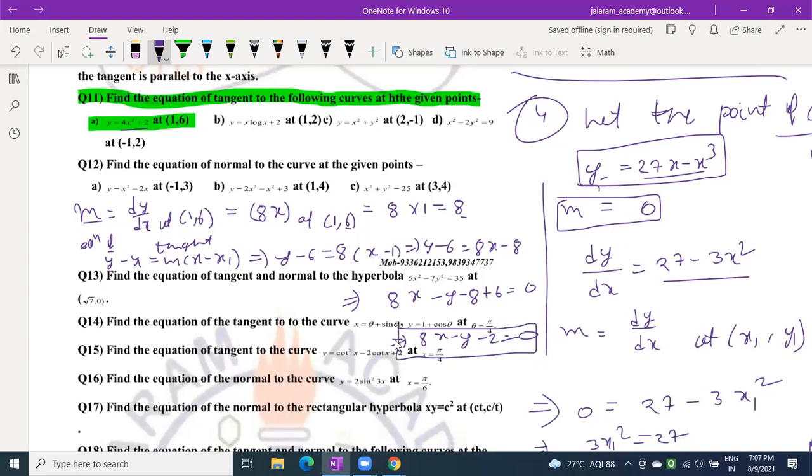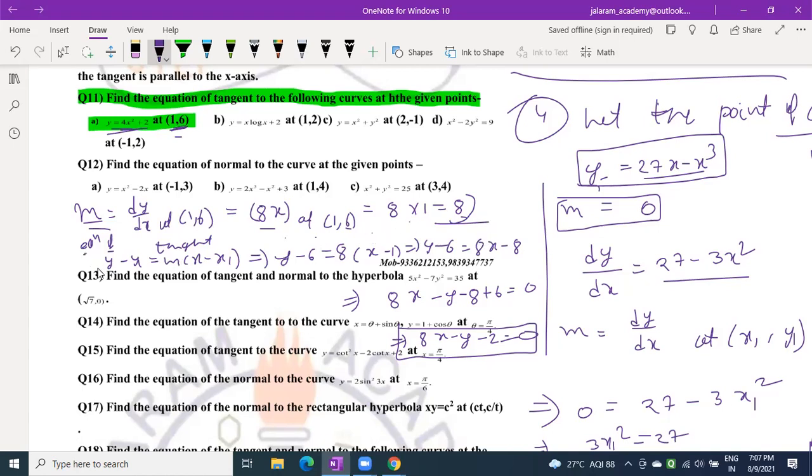Hope you all must have understood how to find the equation of the tangent to the curve at the given point. First we find the differentiation and then find the value of that differentiation at (1, 6). That will be the slope of the tangent. In this question, y equals 4x square plus 2, its differentiation is 8x, so the slope will be 8 at x equals 1, that is 8 ones are 8.